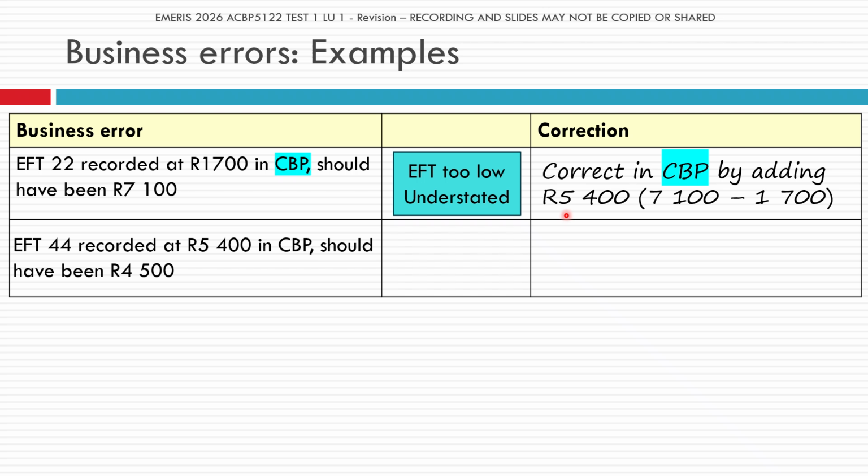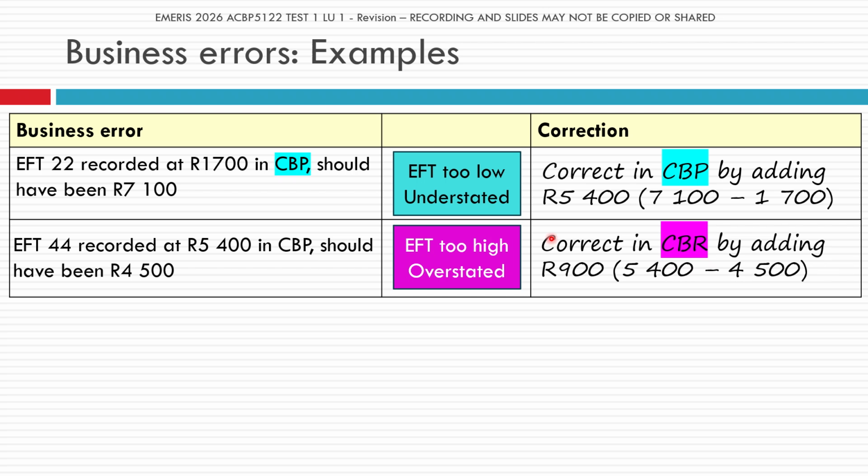Let's have a look at another example. We've once again got an EFT. This time around, in our cash book payments, we showed 5,400 rands instead of 4,500 rands. So this is an example where our amount was overstated. So where will I have to record this one? Do you know?